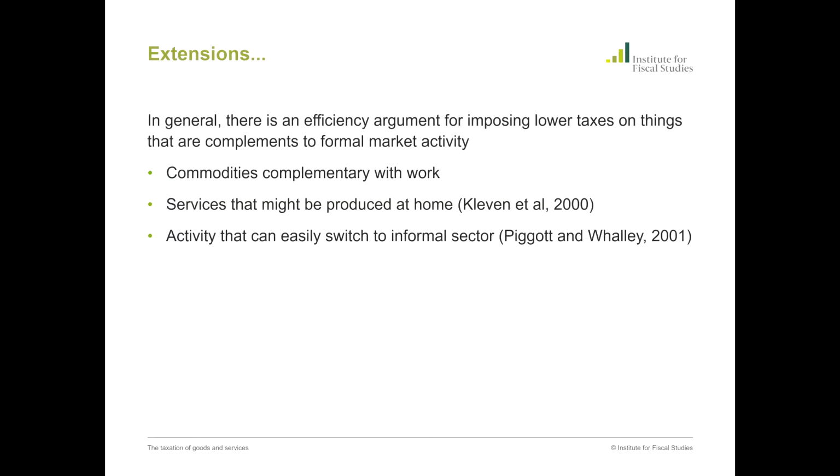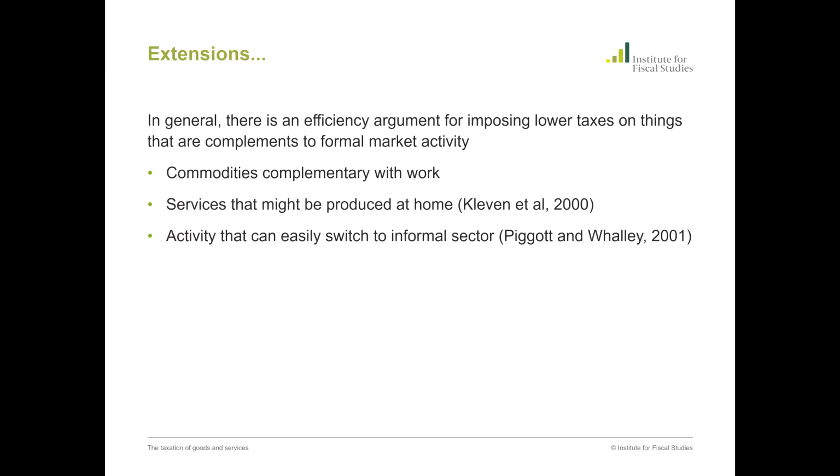Now this kind of argument can be extended to say that in general there's an efficiency argument for having lower tax rates on things that are complements to formal market activity. So in the previous slide I talked about commodities which are complementary with work. We can also think about services that might be produced at home. So for instance, gardening services.